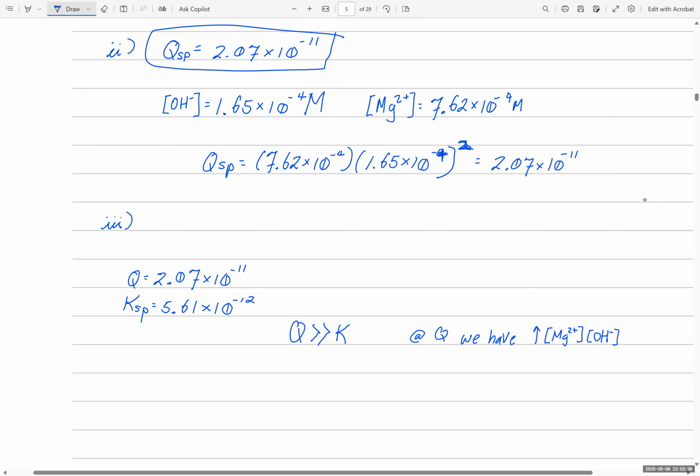So what does that mean? That means we have too much dissolved ions, which means it's going to go to the left in the equation, and it's going to start precipitating out.